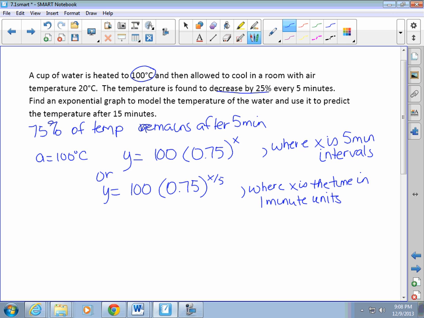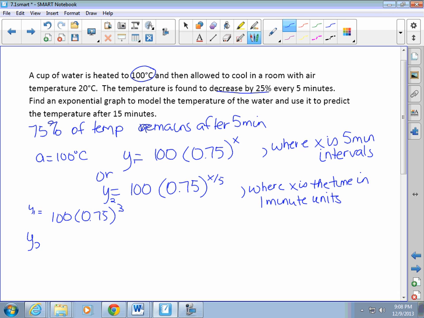So if I'm using the first equation here, I'll call this y1 and this y2. This would be 100 times 0.75, where x is in 5-minute intervals. So if it's 15 minutes, that is 3 intervals.